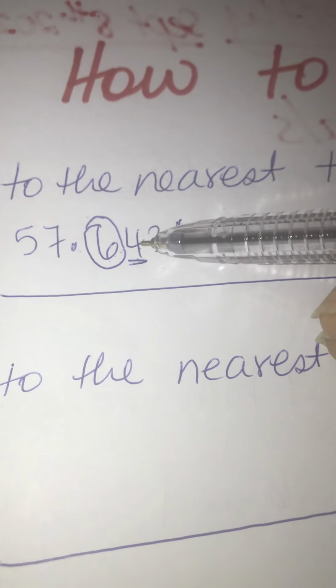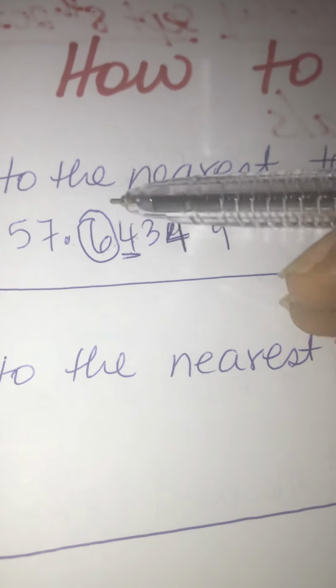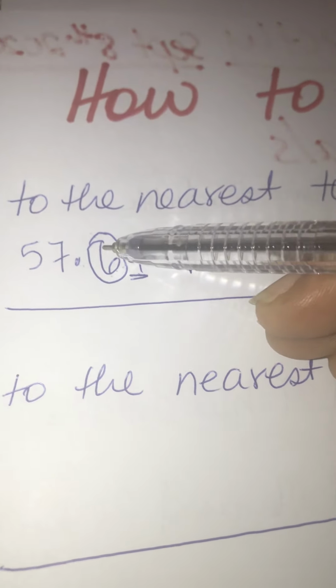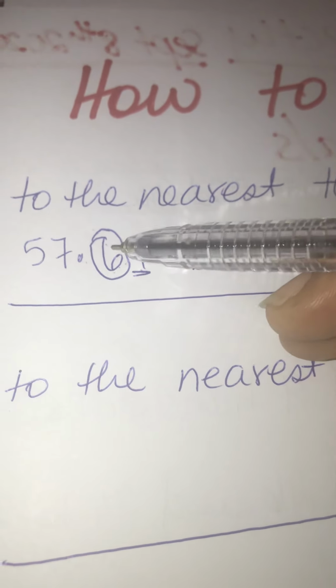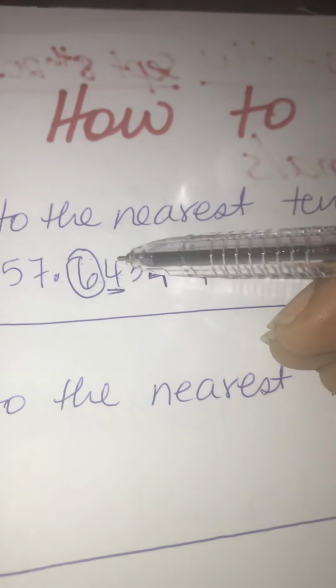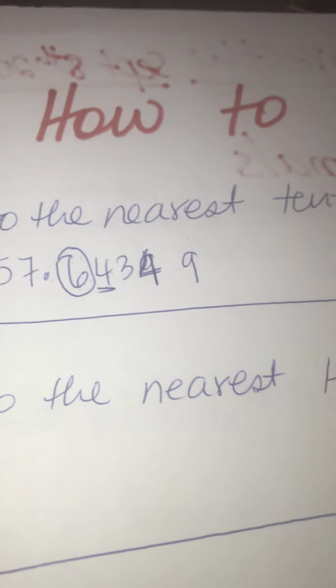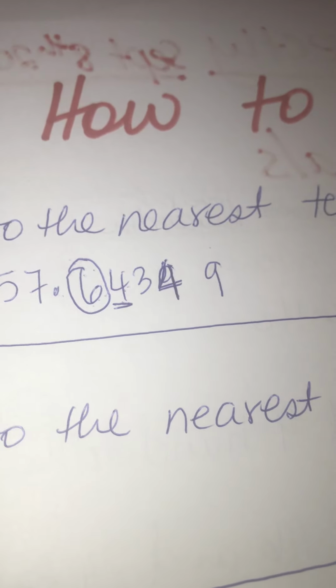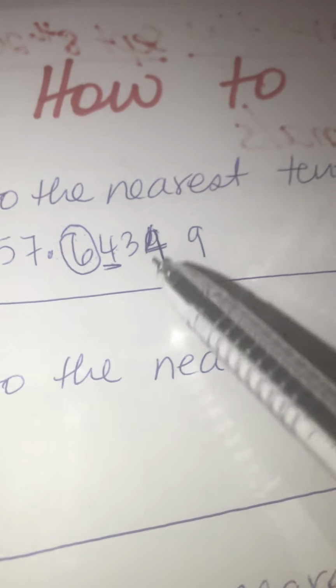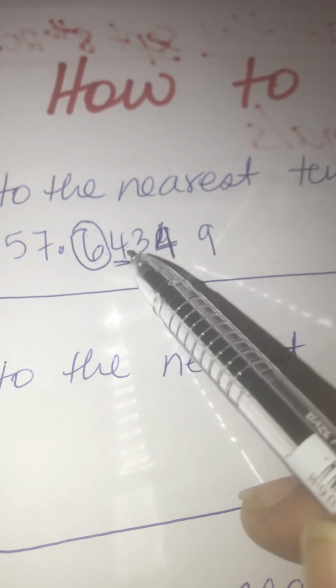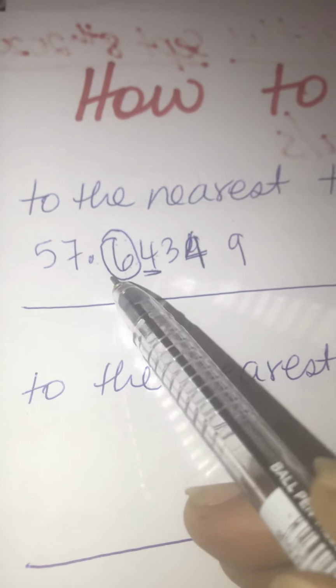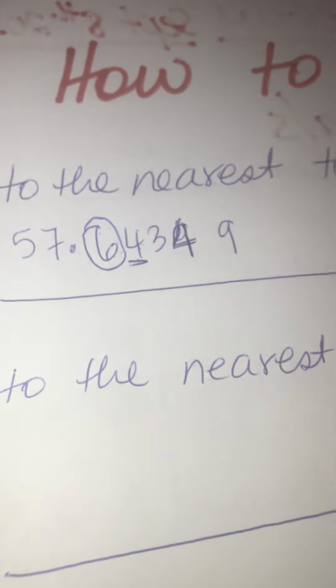So if this digit is 5 or more, you will go up by 1. That means you will add 1 to your circle. If it is not 5 or more, you do not add. Okay? So now, since this is less than 5, I will not add 1 to my circle.